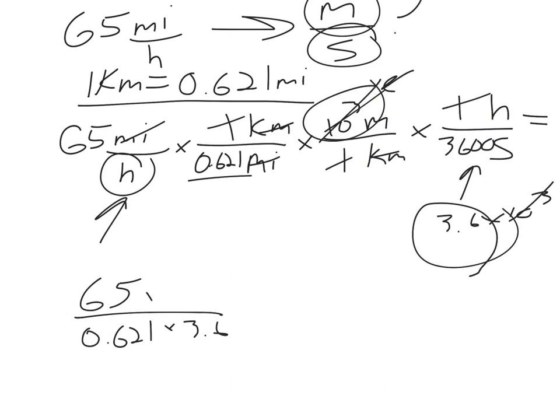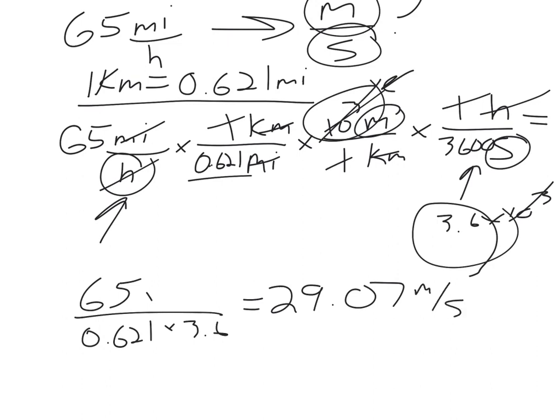And I get something like 29.07. Awesome. And now that the hours have canceled, I've got meters top and I've got seconds bottom. So I'm going to have meters per second. So 65 miles an hour, that's freeway speed, is about 29 meters per second, in case you were curious.